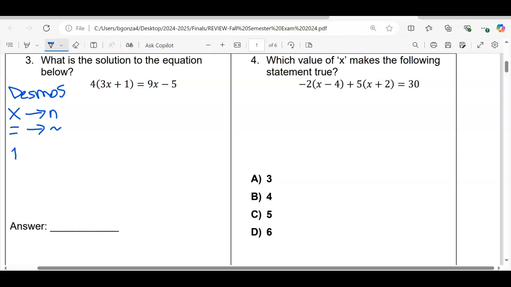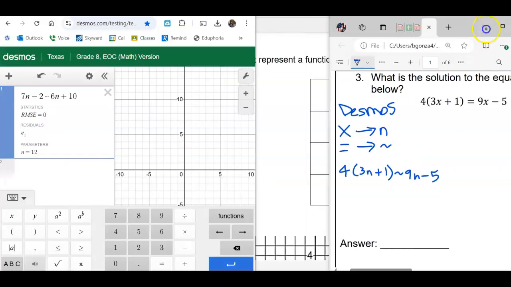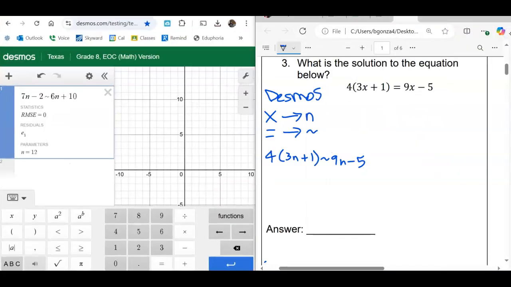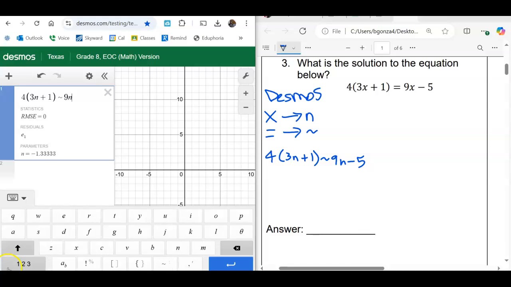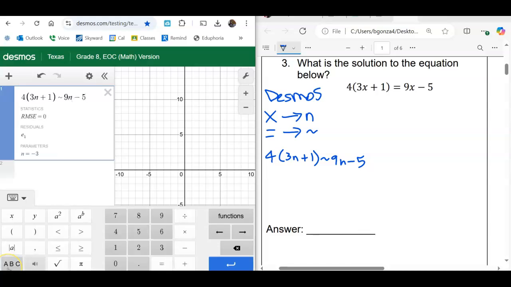So it's going to be 4 parentheses 3n plus 1 parentheses squiggle 9n minus 5.